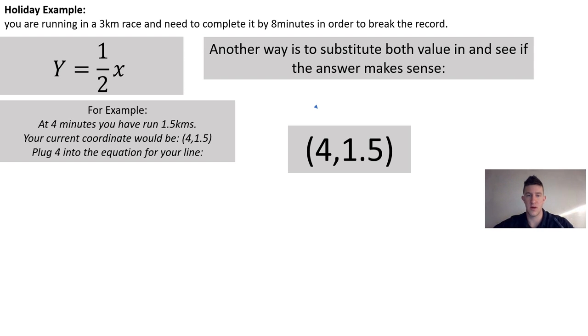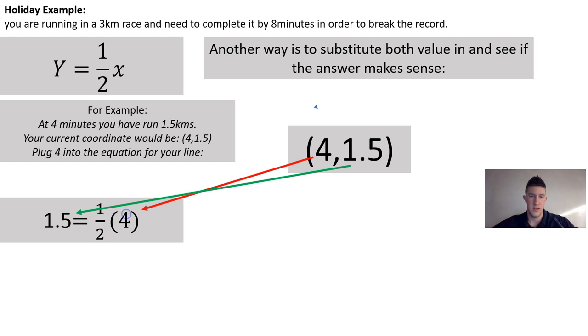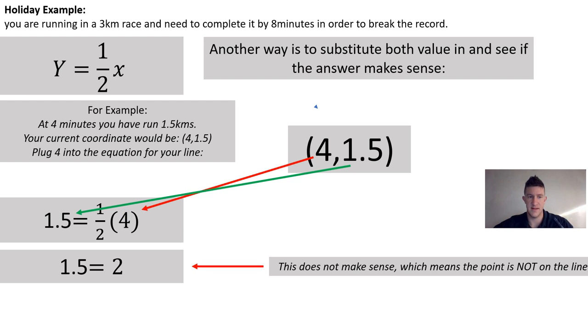Plug in the coordinate, as 4 is my x value here, and 1.5, obviously you can see x, y, 1.5 is my y value. So if I plug this in, I get 1.5 equals a half of 4, and that's just going to be 1.5 equals 2. But this doesn't make sense, because 1.5 is not equal to 2. So if at any point I get an equation that doesn't make sense, it means the point is not on the line.